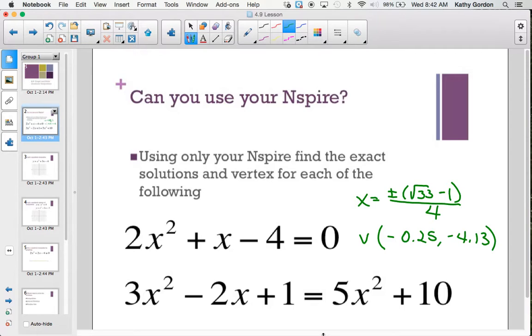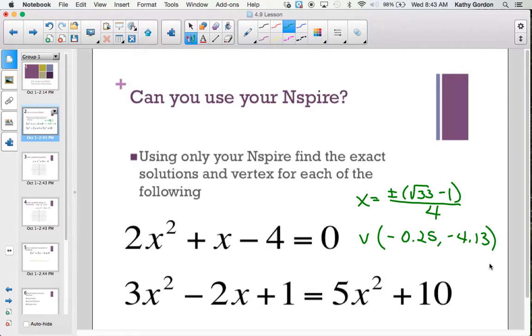And so from vertex form, we can get the vertex that way as well. And so I think if you do it that way, you end up with a negative 33/8 for your y value, which ends up being a negative 4 1/8, which is actually 1.25.